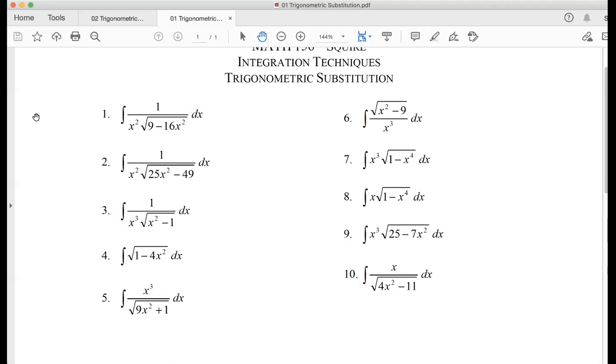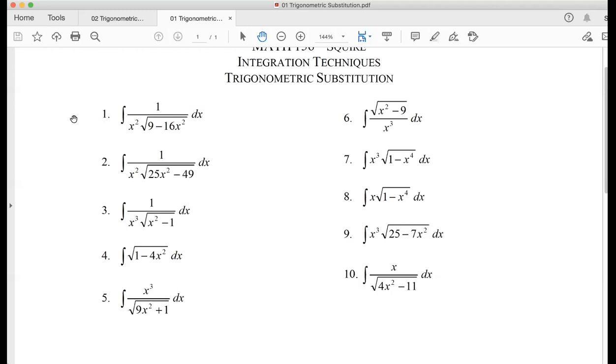I have purposely not put up a WebAssign yet because I really want you to practice the ones where you have the solutions and can make sure you're good. If you're attending live tomorrow, I really want you to get through the first 5 problems on sheet 1, called Trig Sub, before tomorrow's lecture.